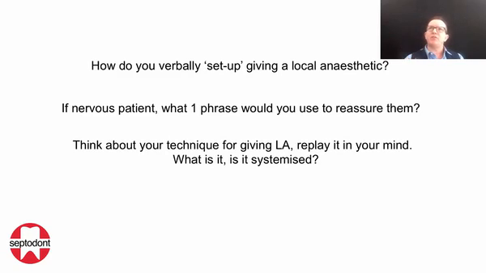Picture in your mind what it is that you do and replay it. Do you have a system? Is it already systemized, or do you just get in and get on with it? Are you aware of what you're doing, and do you use a specific technique? Then put that piece of paper to the side. We'll come back to that at the end of the webinar.